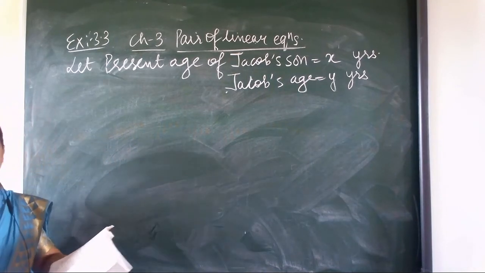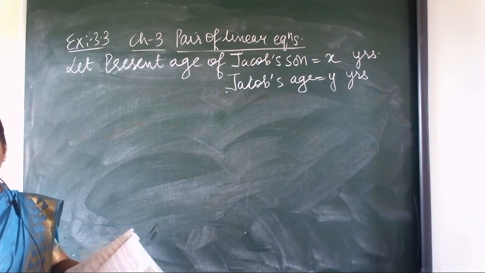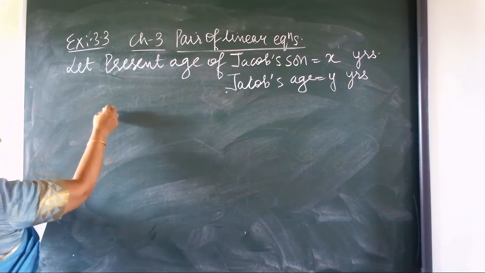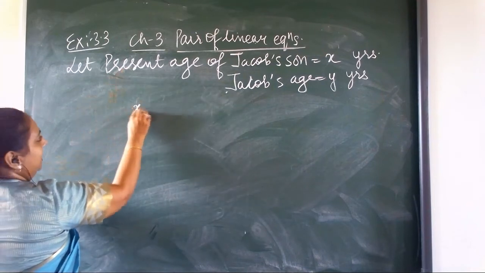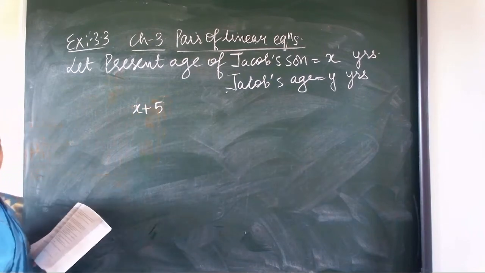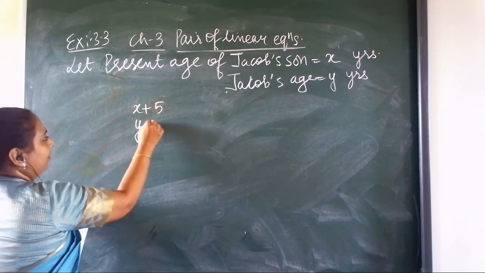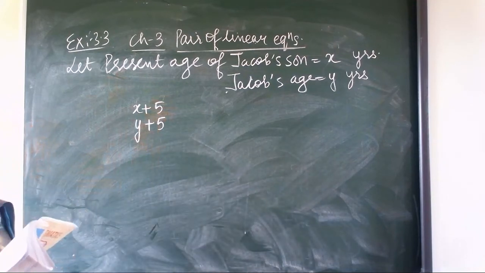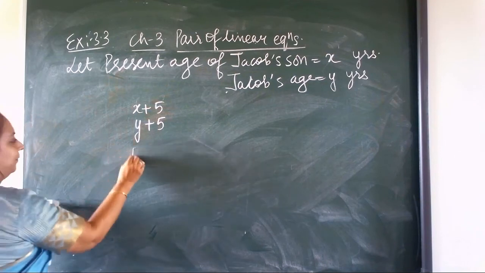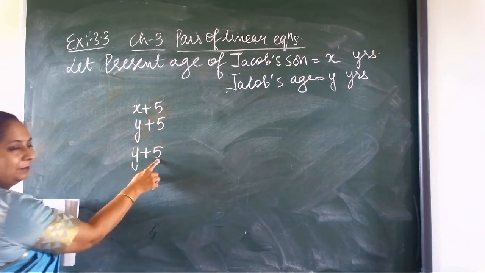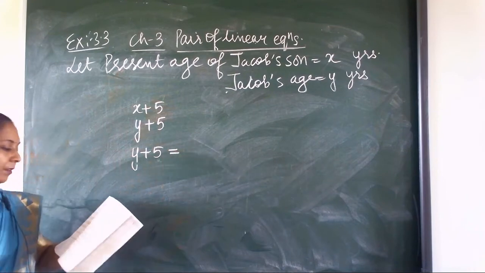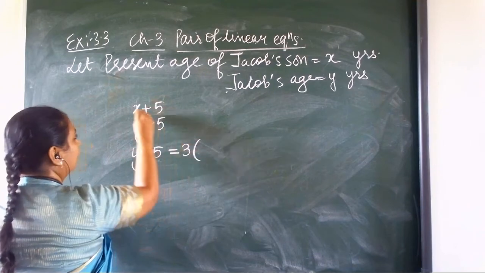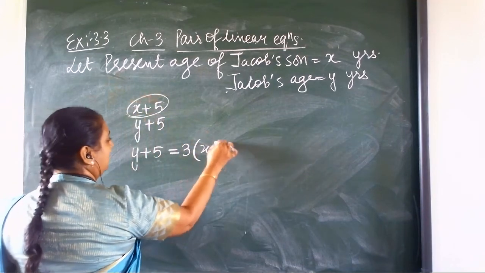5 years hence. 5 years hence means 5 years later. So 5 years hence, the son's age will be x plus 5 and Jacob's age is y plus 5. Clear? 5 years hence, the age of Jacob is equal to 3 times the age of his son, that is x plus 5.